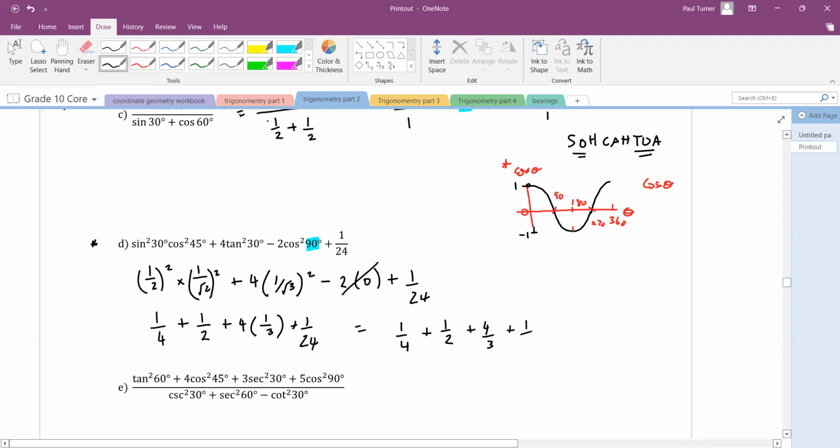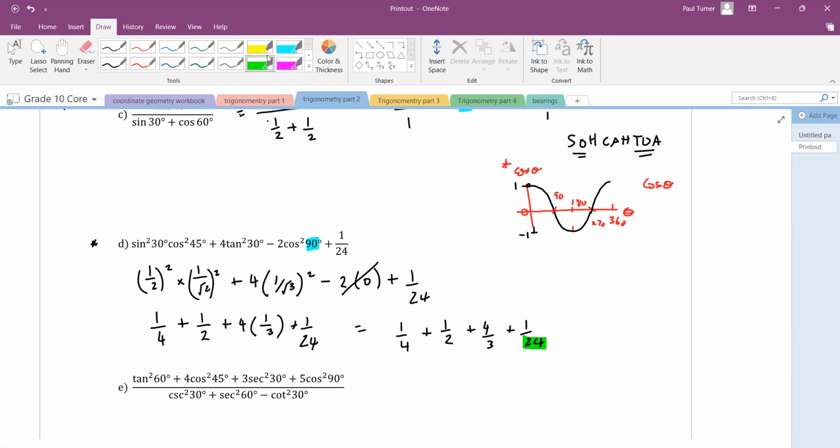plus 1 on 24. Now, again, without a calculator, go back to grade 6 and think, how do you add fractions? So multiplying fractions, dividing fractions is actually quite easy, but adding and subtracting are harder because you want a common denominator. And you notice your largest denominator is 24.